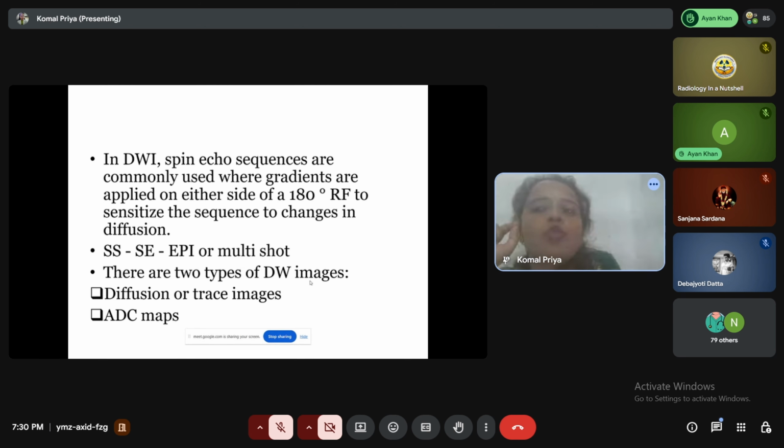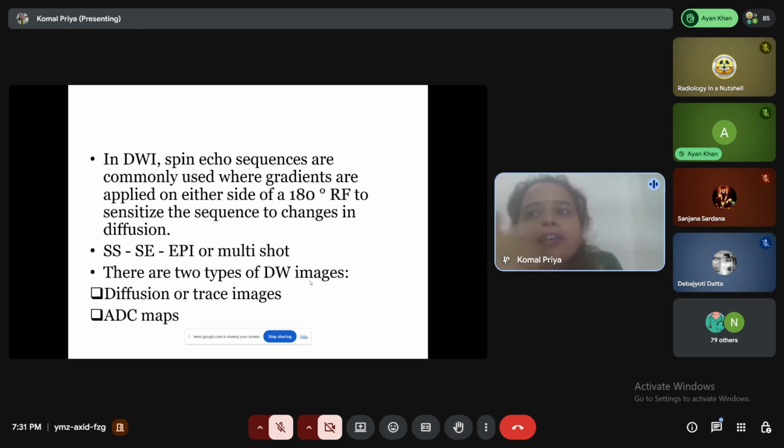How? We allocate a signal intensity. Suppose we get a particular ADC value for this voxel of the tissue. According to that value, we allocate a signal intensity.